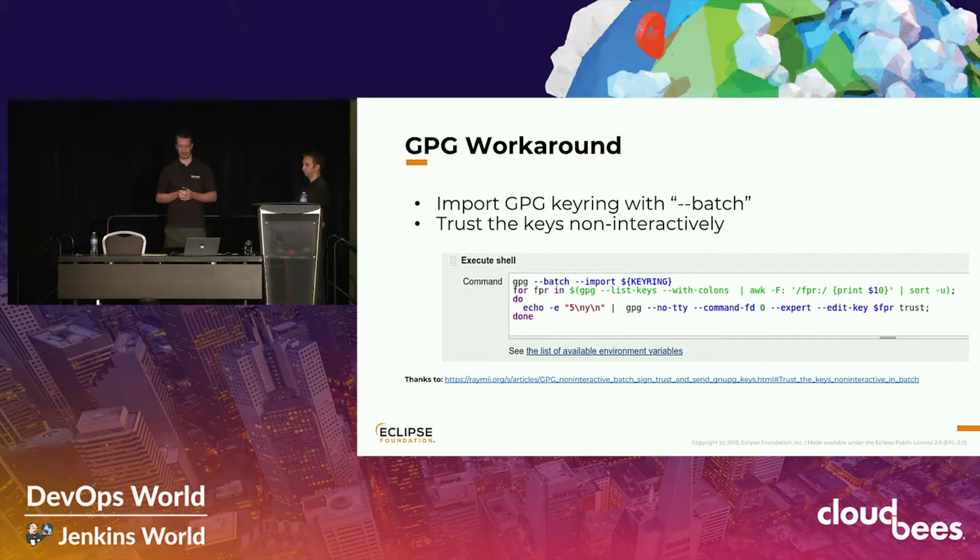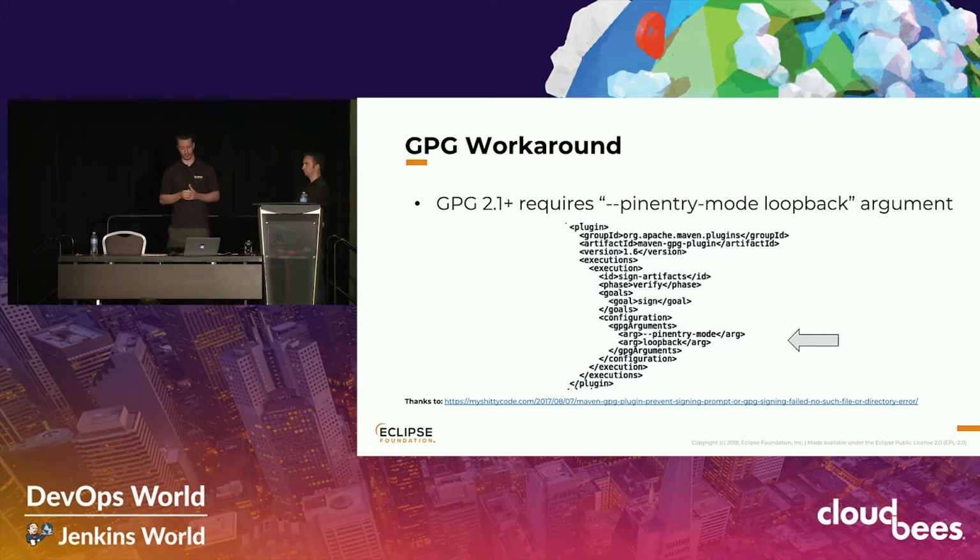So this is obviously a workaround and not the ultimate goal, but it doesn't stop there. A couple of iterations later, I found out that at least for newer versions of GPG, you have to add another argument that makes it work: the pinentry-mode loopback.